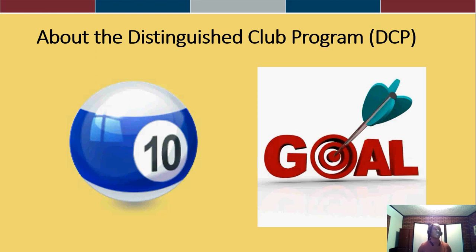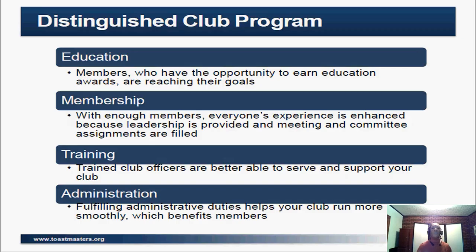Now, the Distinguished Club Program just simply means every single club can use 10 goals to achieve, making certain that your members are getting their learning needs and their educational goals met. So let's talk about what the Distinguished Club Program is covering.